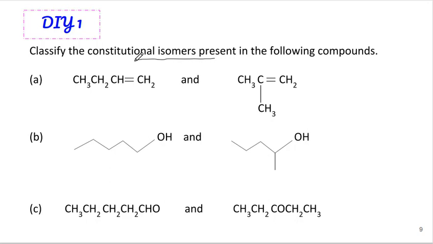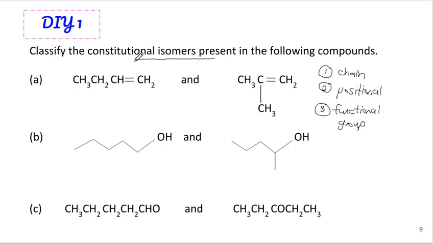So for constitutional isomers, you need to recall that they consist of 3 types: first, chain isomerism, second, positional isomerism, and third, functional group isomerism. I've already explained to you how to identify each type of isomers.